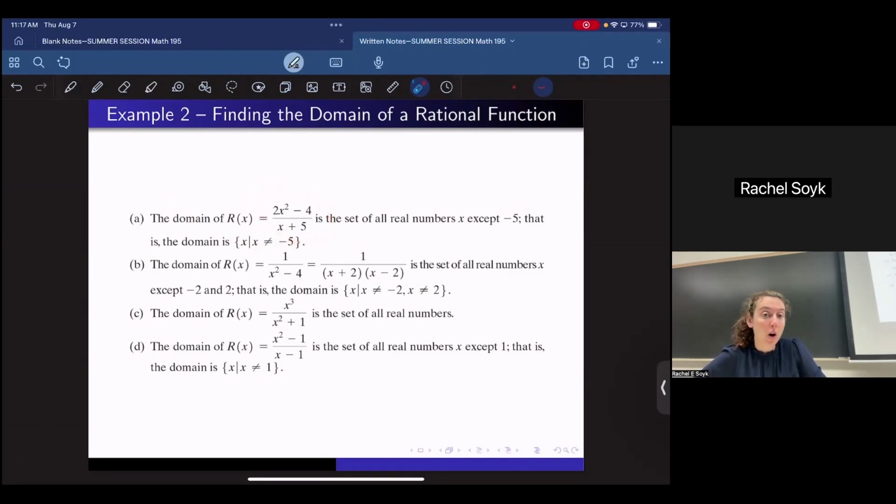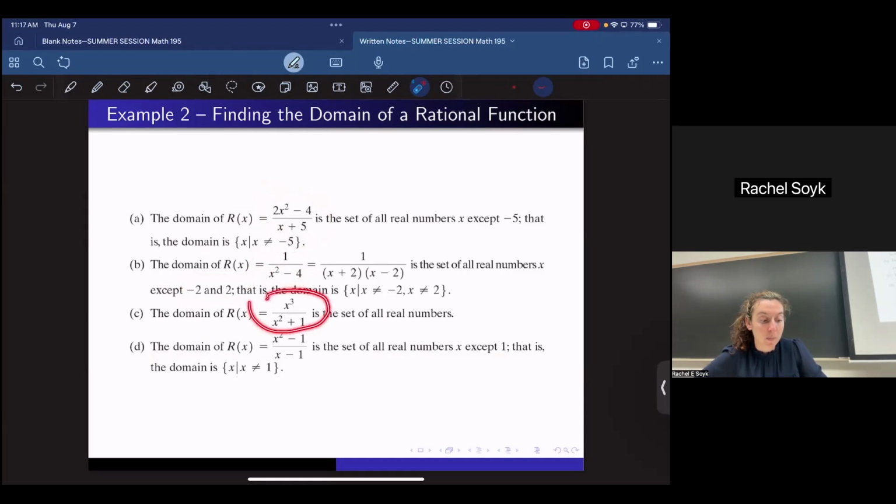It's literally all values of x except x is equal to -5 because that's what makes it undefined. And then in this second example, we have x² - 4. So our two restrictions are -2 and +2.